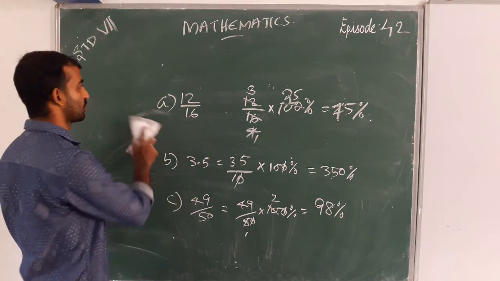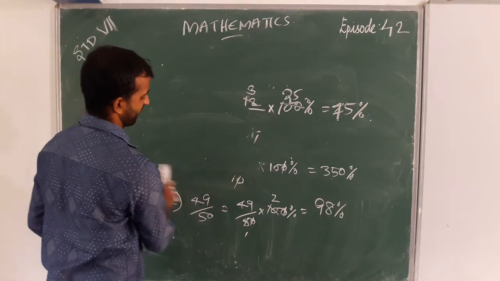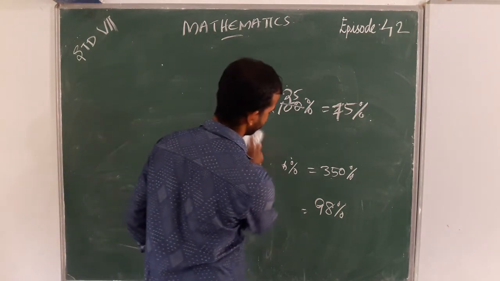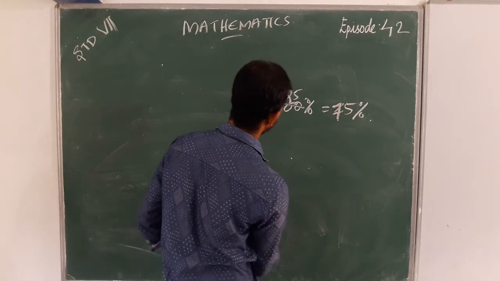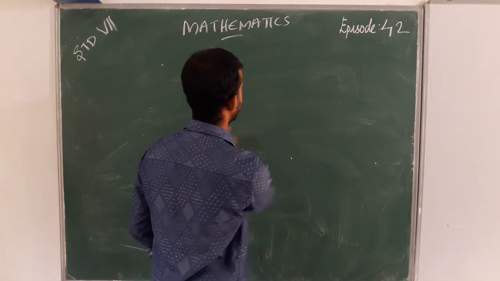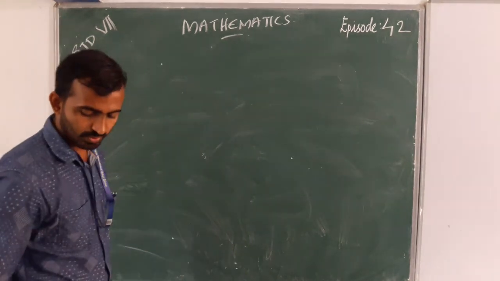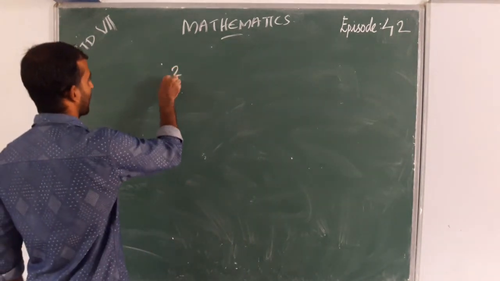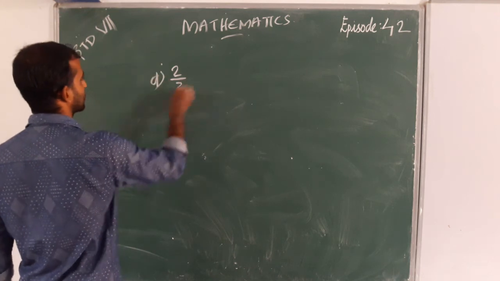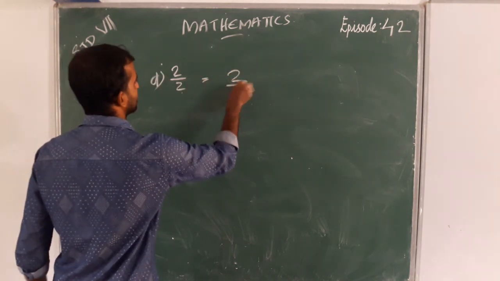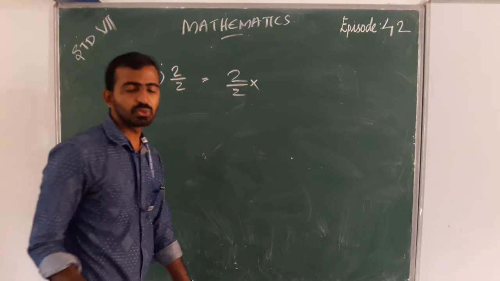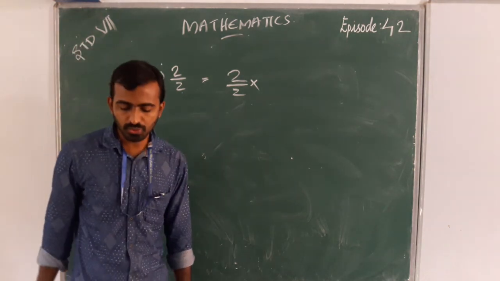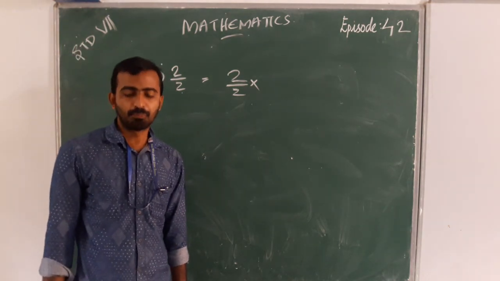And the next question is 2 by 2, the D part question. 2 by 2 means 2 by 2 into 100%.